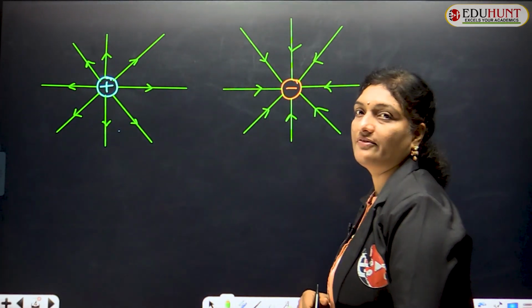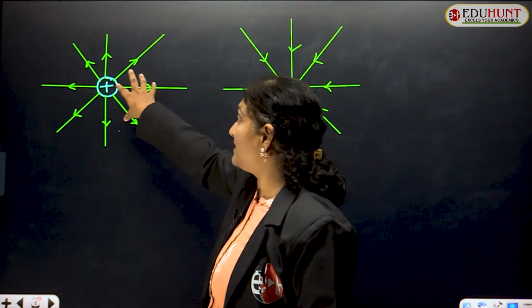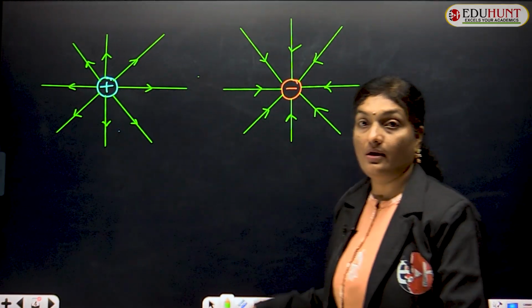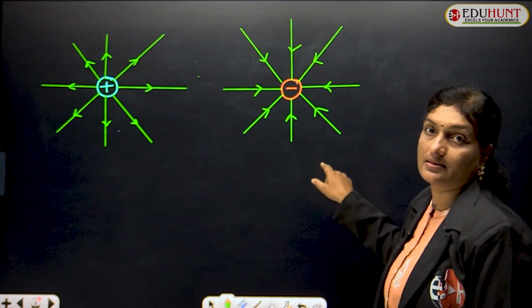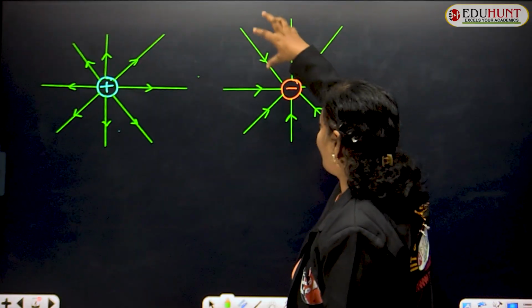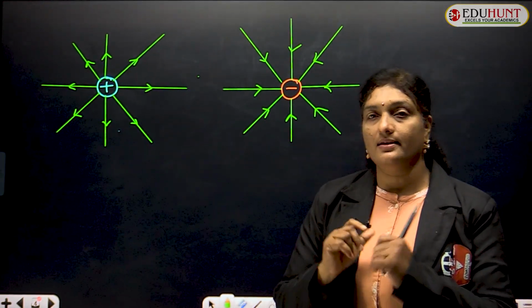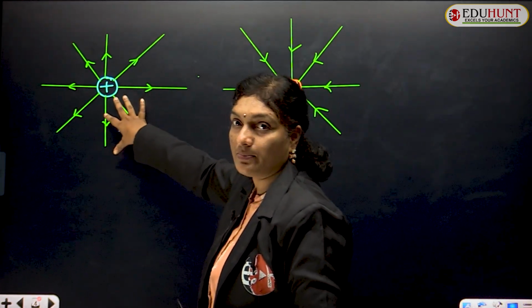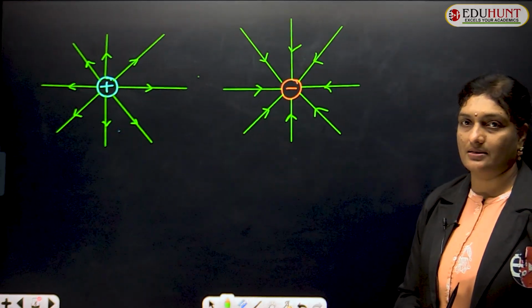So, this makes the difference. The electric field lines start from the positive charge and move in the outward direction, whereas they terminate into the negative charges. Okay? The electric field lines move inside the negative charge and then stop. So, this is the outward direction from the positive charge, and the inward direction towards the negative charge.